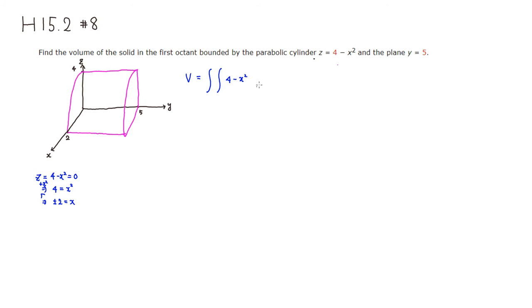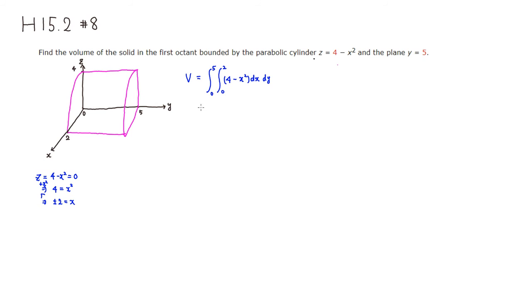Since it's already written in x, I'm going to do it with respect to x, going from 0 to 2, since this is 0 right here. Then we're going to do it with respect to y. Y is going from 0 to 5.